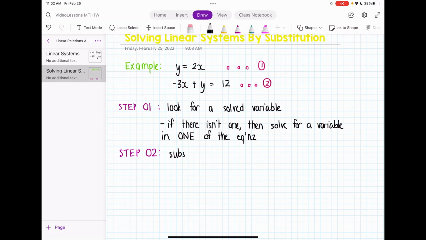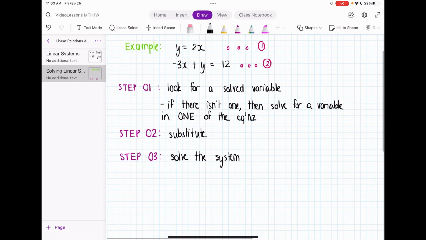So again, I'm going to show you all of this using the example we just looked at above. Now, step 3 is quite a long step. I'm just calling it solve the system, but you will see how that happens.